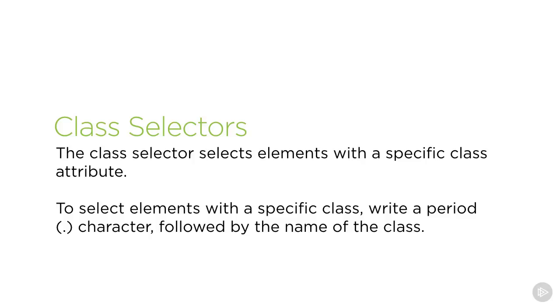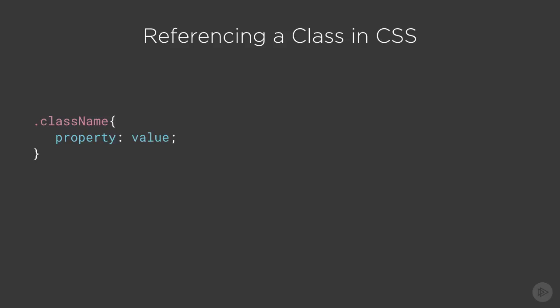We need to have that period before the class name as well. You don't need to have that in the HTML file. You just need to have that in the CSS and in the JavaScript if you're using jQuery to be able to talk to that class. So in CSS, if you're referencing a class, you do have to have the dot and then the class name, and then within the curly brackets, you have your property and your values for your CSS.